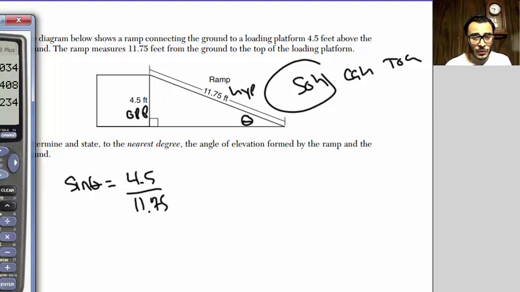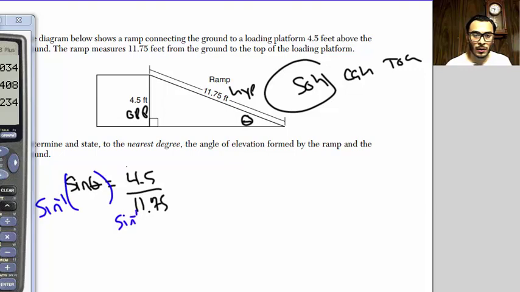To get theta, we're going to have to do the opposite of sine on both sides, right? You're going to have to do sine to the -1 right here, and you're going to do sine to the -1 of this guy here.